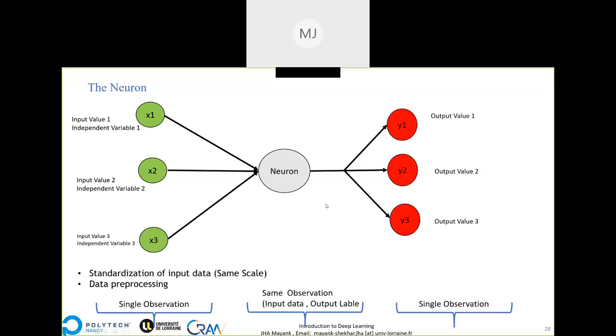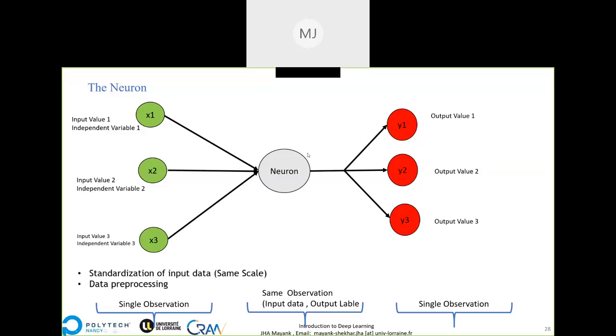To represent the neuron, we can represent the inputs in green, x1, x2, x3, till xm, and the outputs can be y1, y2, y3, and so on and so forth. So it's a basic representation, just to give a higher level representation.